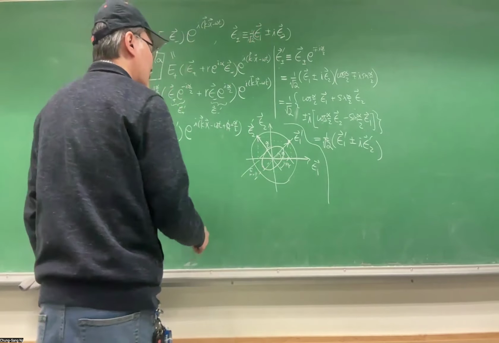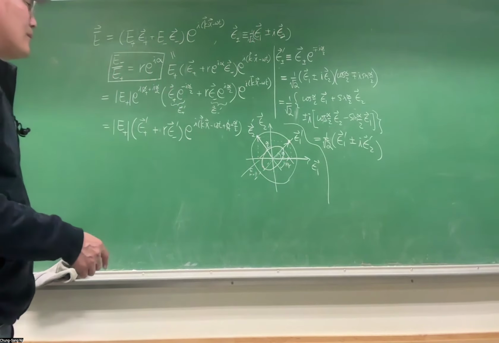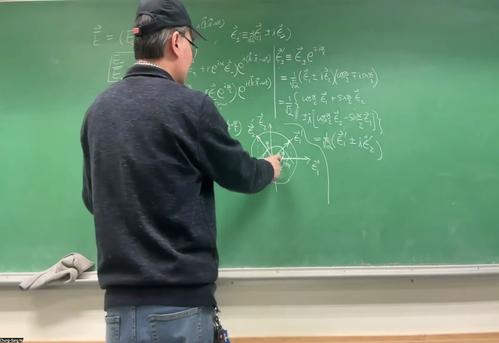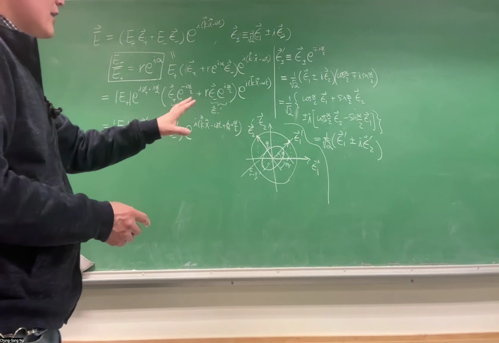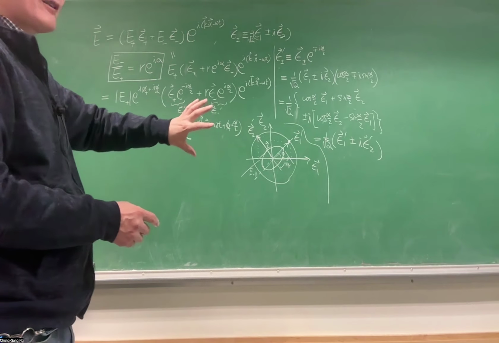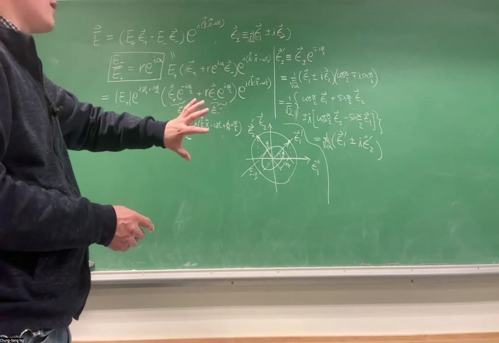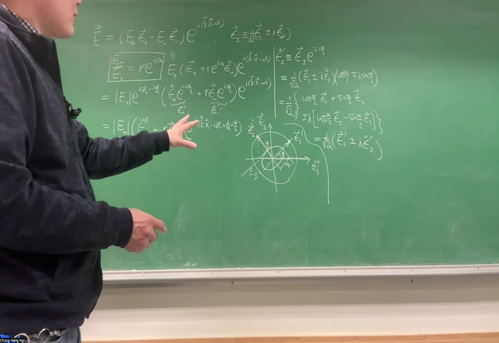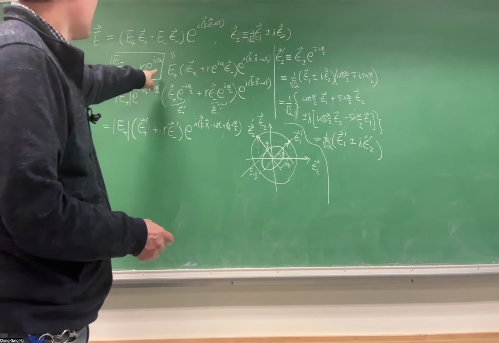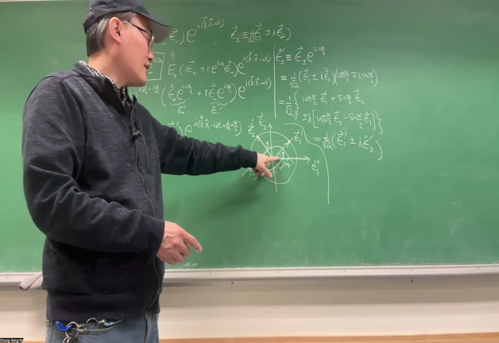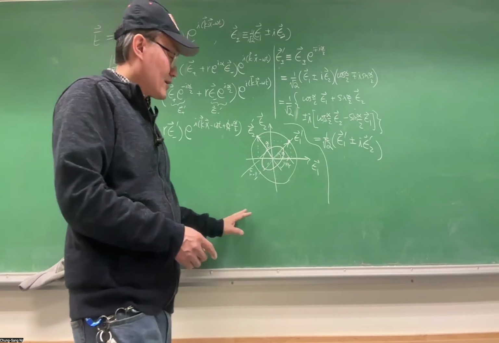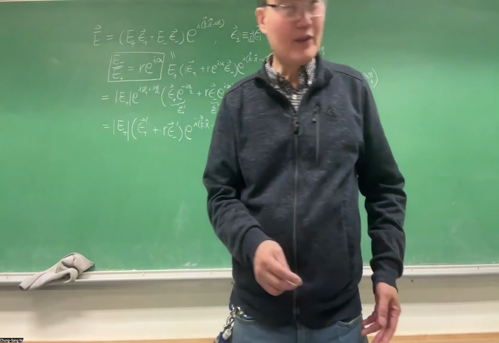So adding a phase means that it's still elliptical polarization, except that the principal axis of the ellipse just rotates, and it rotates by an angle not alpha, but alpha over 2. That is important because there will be a homework problem.